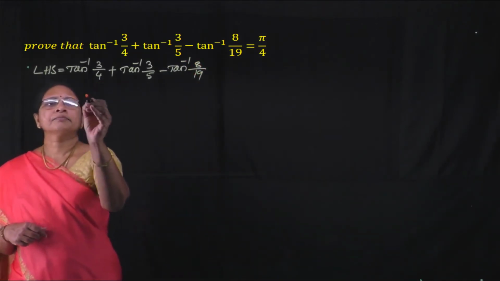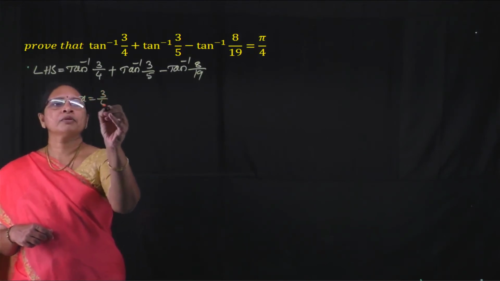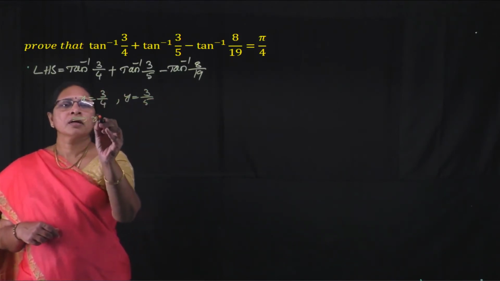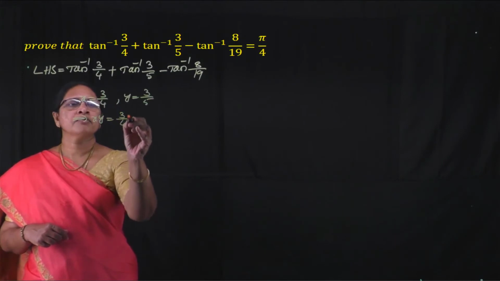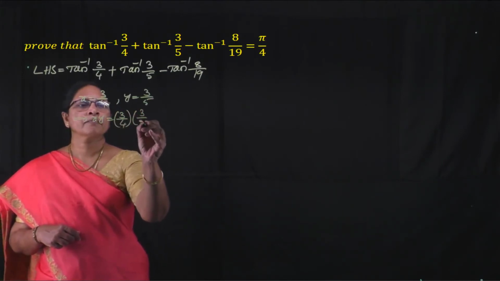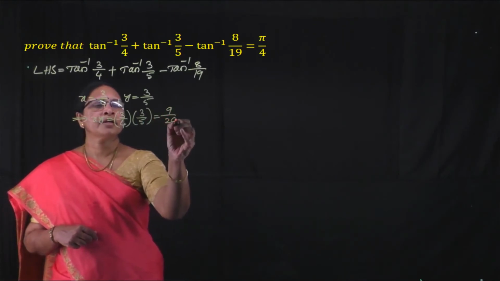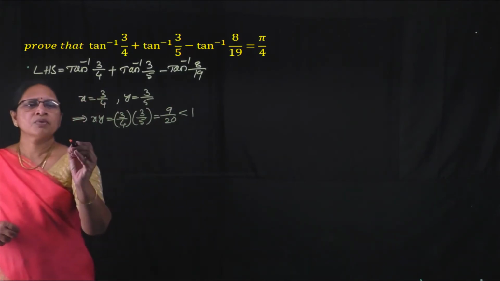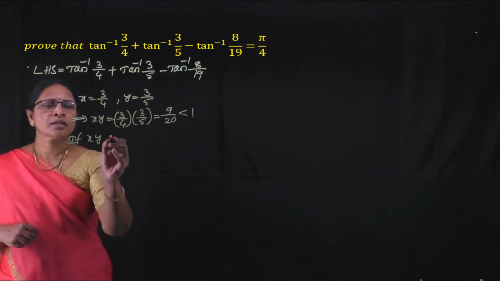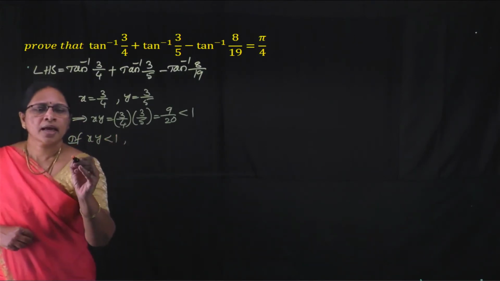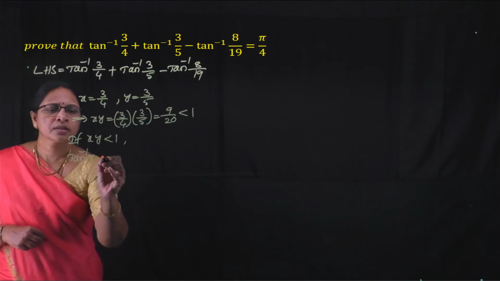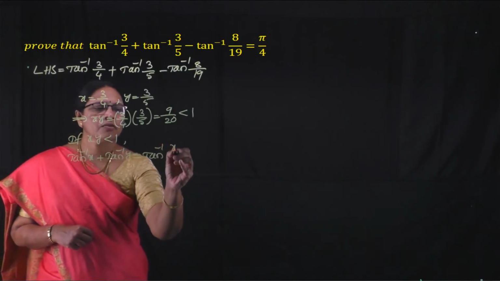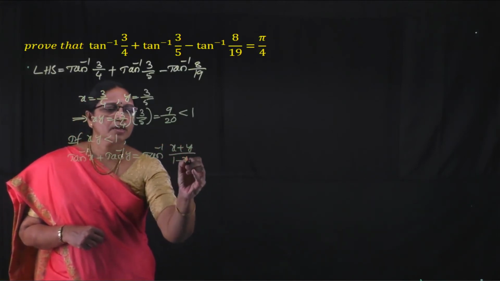Let us take x equal to 3 by 4, y equal to 3 by 5. This implies xy is equal to 3 by 4 into 3 by 5, that is equal to 9 by 20. That is less than 1. If xy is less than 1, tan inverse x plus tan inverse y is equal to tan inverse of (x plus y) by (1 minus xy).